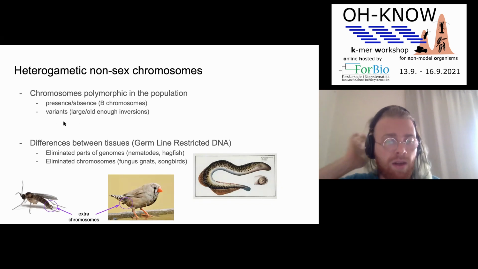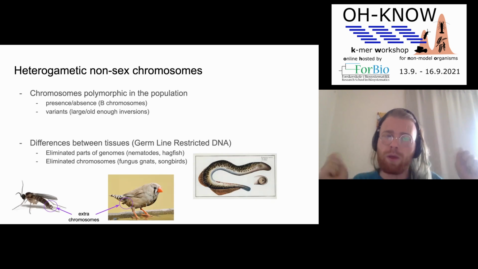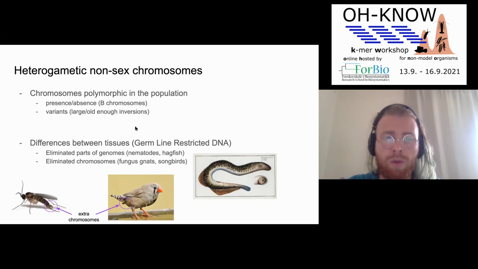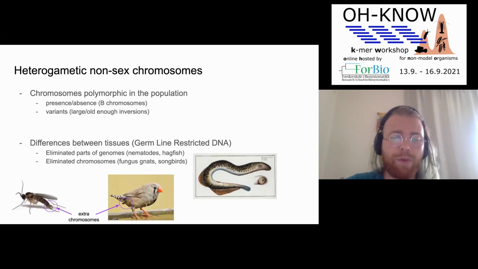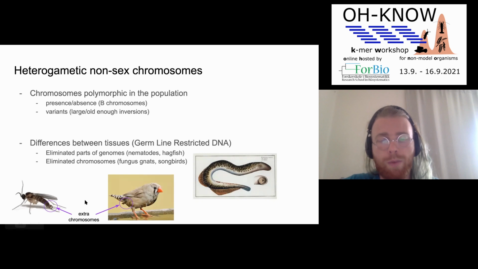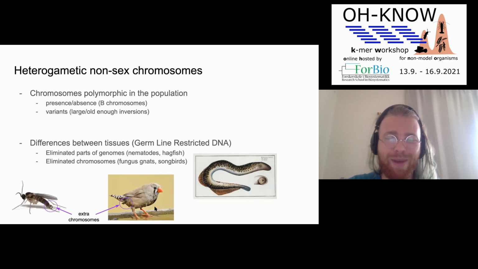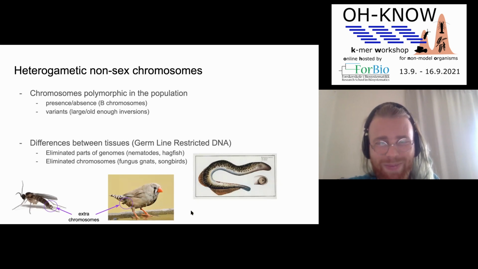I have seen it done on a species that had two variants of females with a huge inversion, and it worked out too. As you have seen in the talk of Christina, it can also be done on germline-restricted DNA, if you compare the reproductive tissue of the species with some somatic tissue, as in the case of the fungus fly and Christina. And yeah, you could take any part of the body; you don't have to decapitate them.